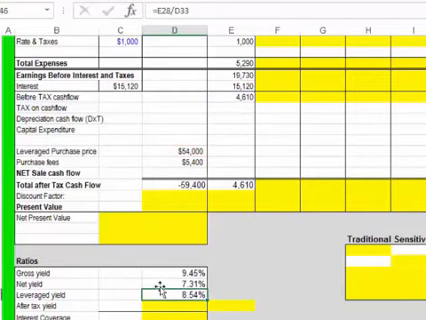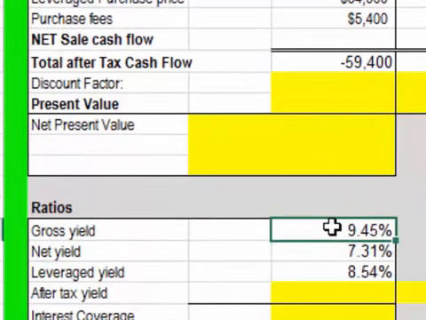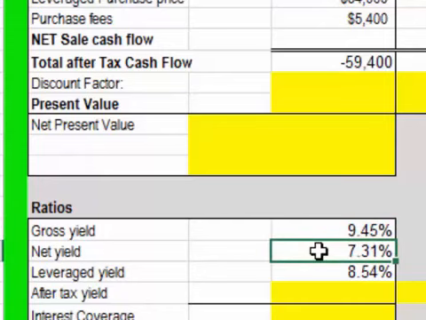8.54%. It's a good idea for you to look at the way these numbers are trending. We start off with a high gross yield, well, a number. The net yield is lower than the gross yield because we're taking account of the action of your expenses.